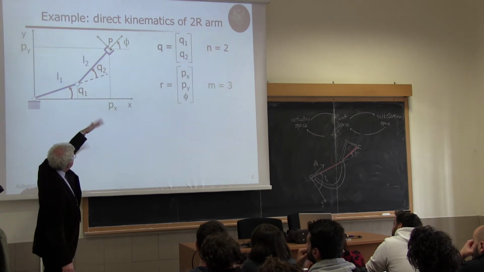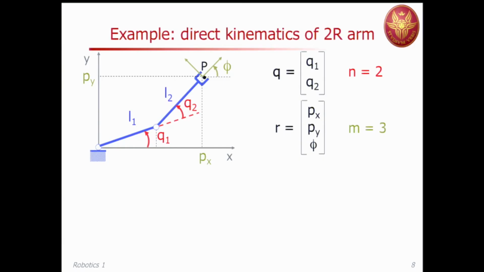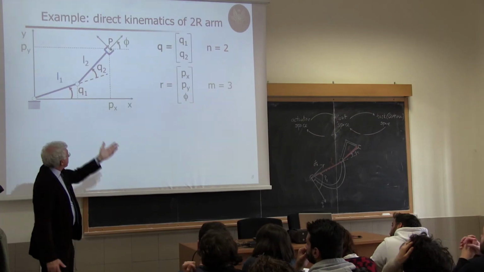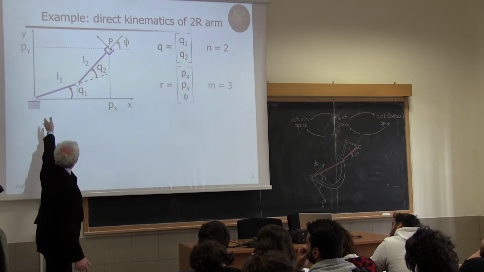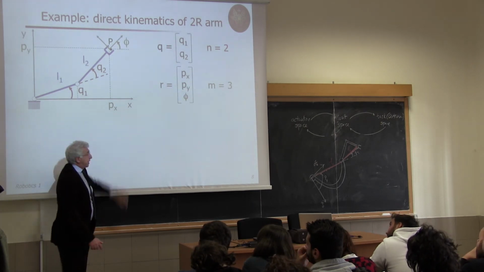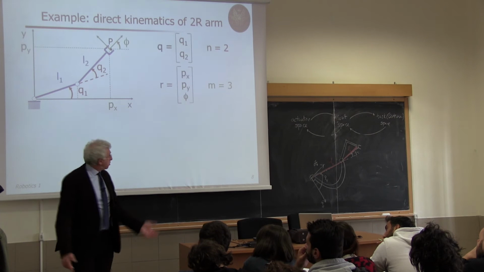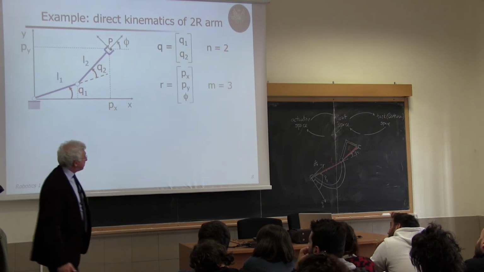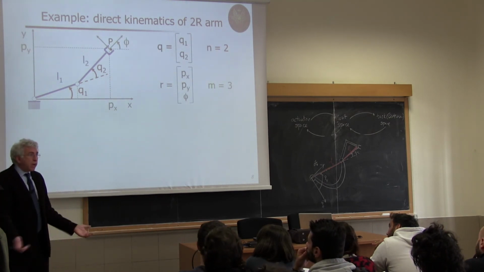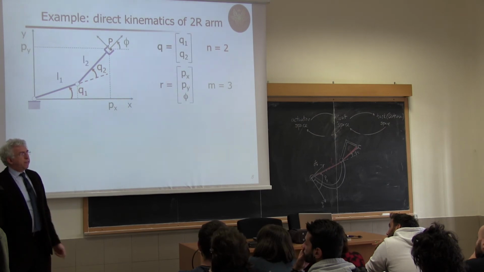And then some orientation of this frame, which moves with the arm, changes direction with the arm. I'm specifying only one angle, which I need for doing this in the plane, the angle phi with respect to one axis, let's say the same x-axis. Okay? So my r is given by Px, Py, and phi. And now I have to write r equal f of q.